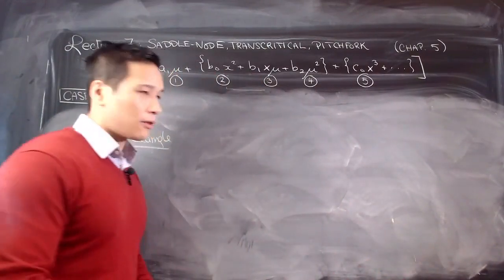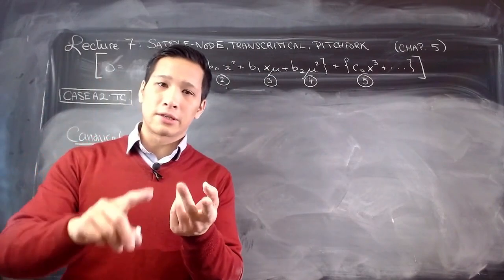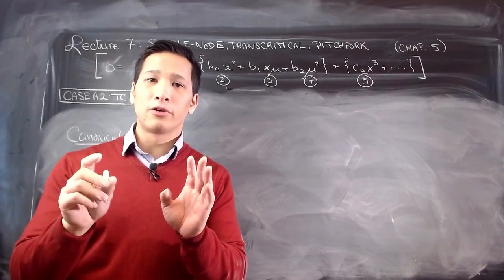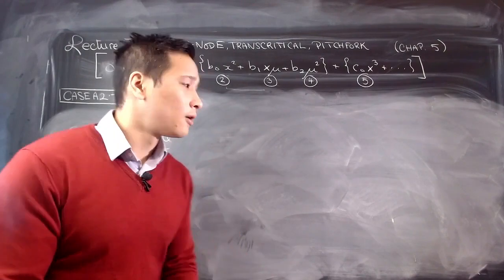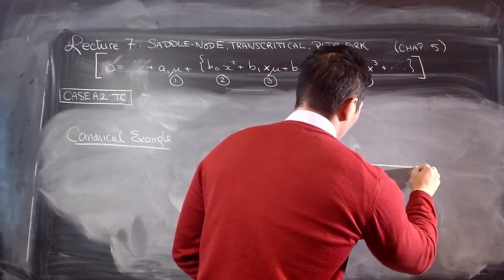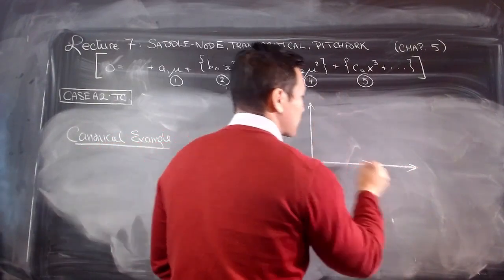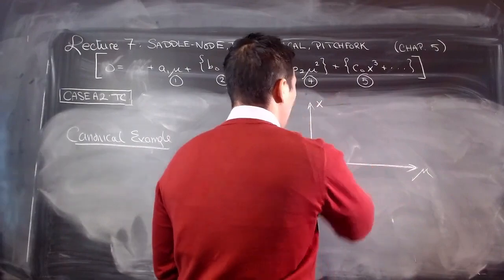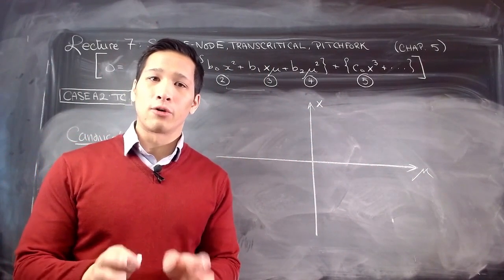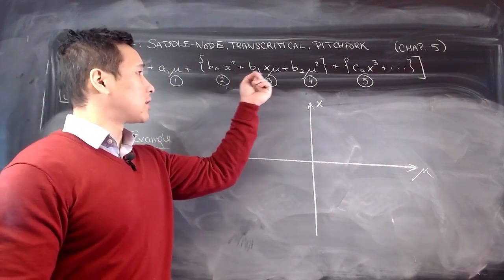Okay, so now that you've completed the problem, you've done the fixed points, you've done the stability, you've done the cobweb diagrams, you have an understanding of what the fixed points are, you now draw the bifurcation diagram, right? So you basically draw this diagram here. Now, this is mu, and this is x. We drew it before for the generic problem, where we don't know the coefficients b0, b1, b2.